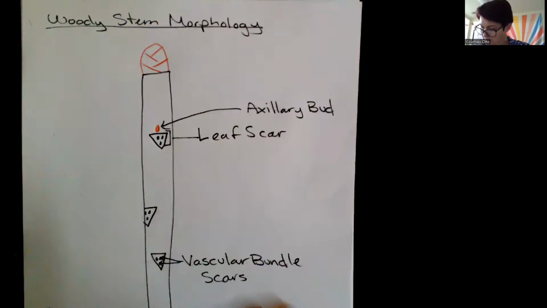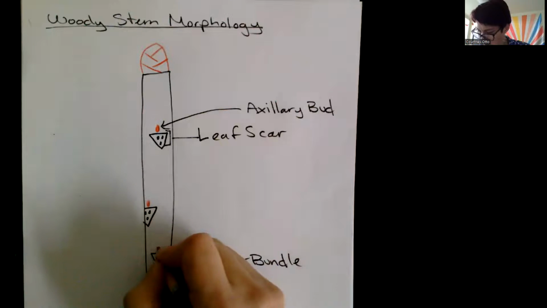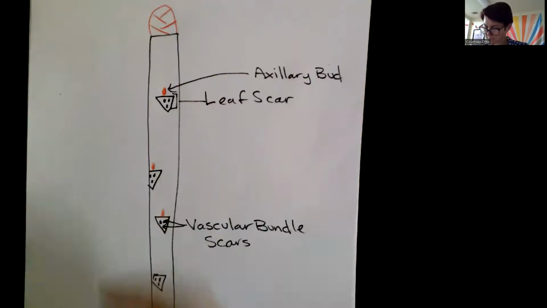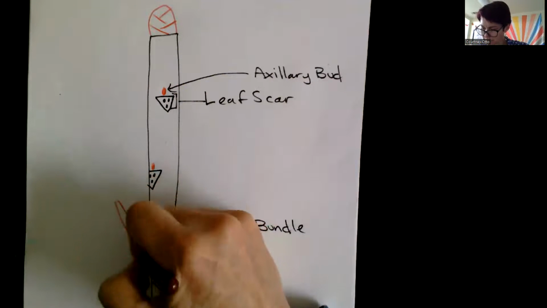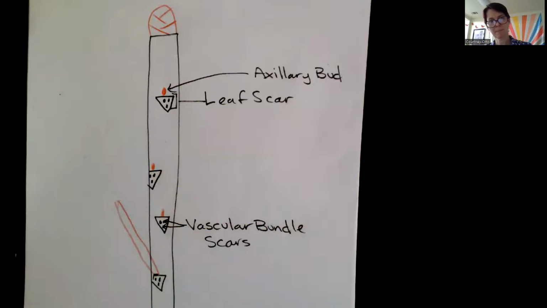I'm going to add another one right here, another one right here. And this one up here, I'm just going to draw kind of having grown into a branch, right? That's just where an axillary bud is already elongated, has already gone through that primary growth process to produce a new section of stem. So those are some of the features that we can see along our little woody stem here.